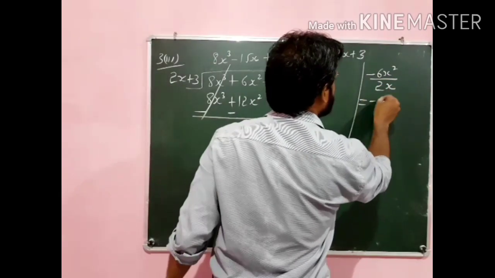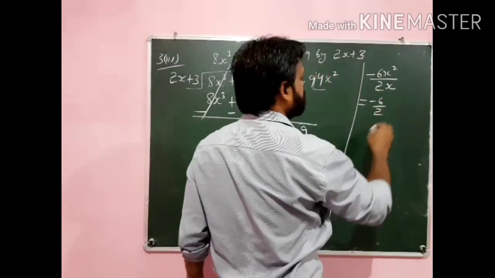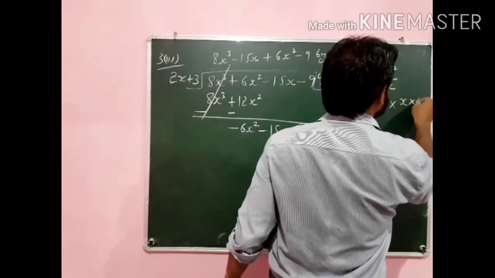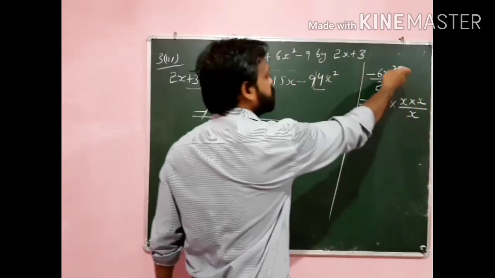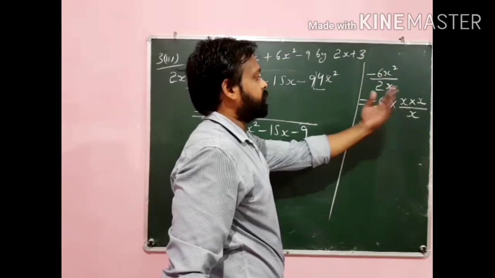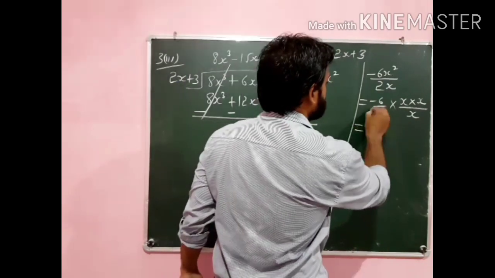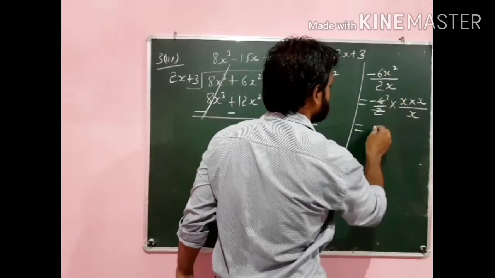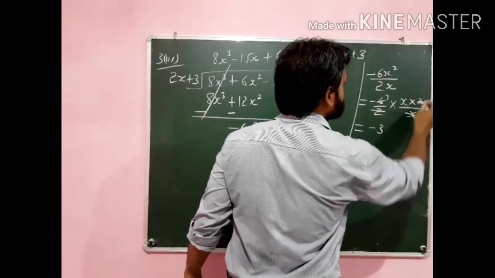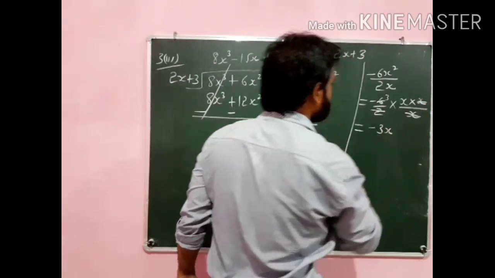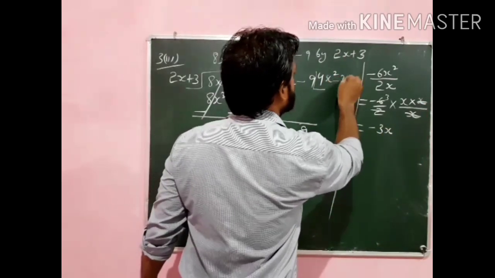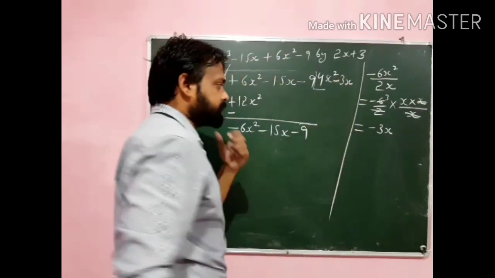Again separate the numerical values and the variable values: x into x over x, because it is x square, so it will be x into x. Now 6 divided by 2 is 3, so it will become minus 3, and this x is cancelled with this, so it will become minus 3x. Write it down here: this is minus 3x.